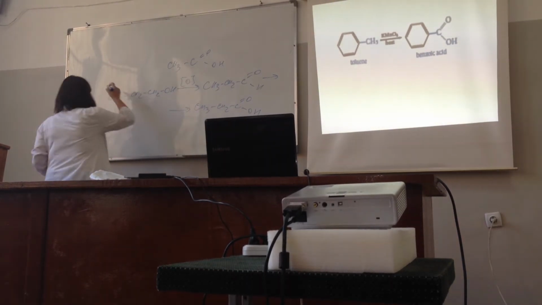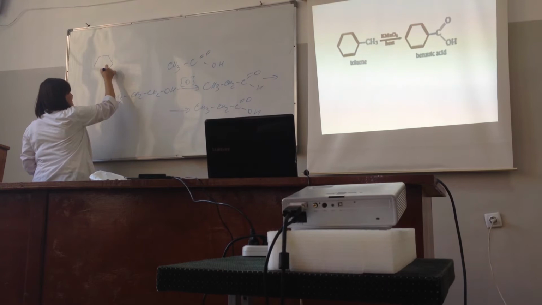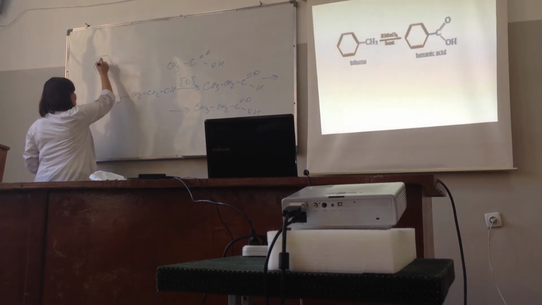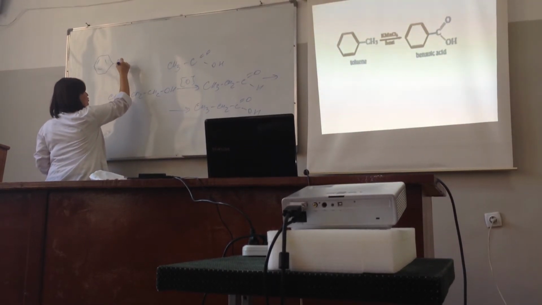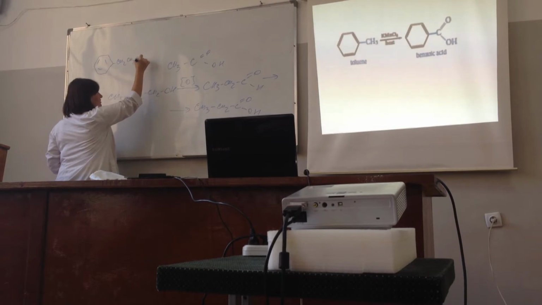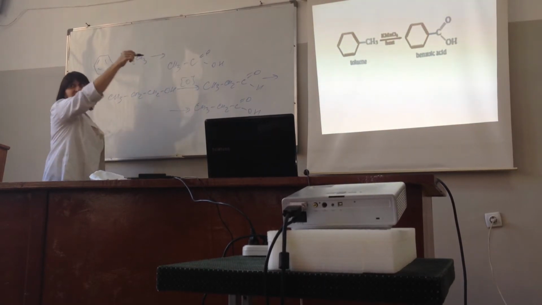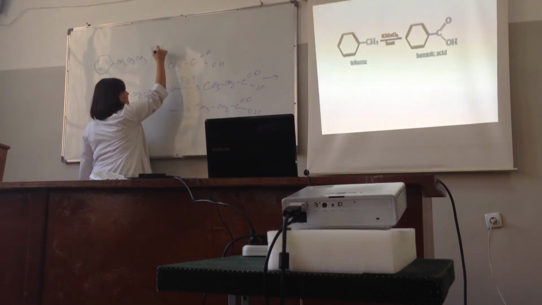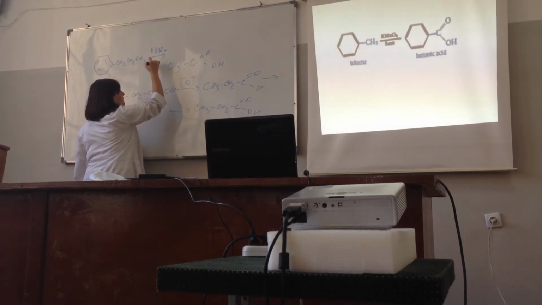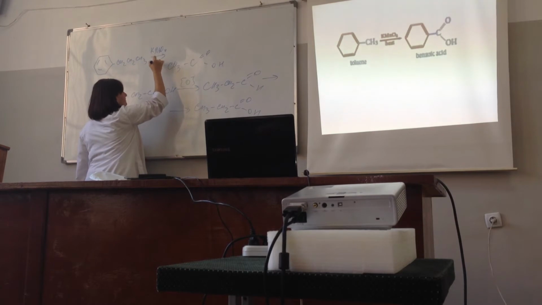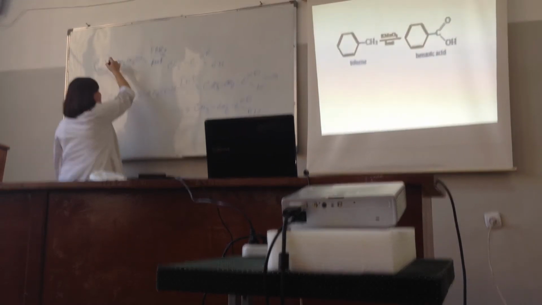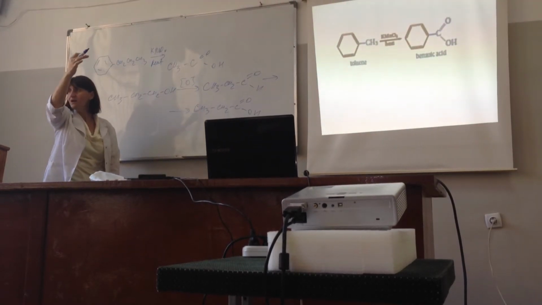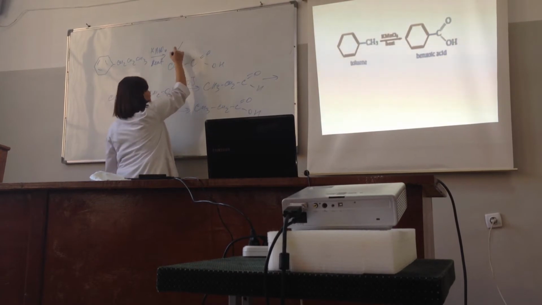For example, if you take something like this, CH2CH2CH3, after oxidation in these conditions with potassium permanganate and heat, once again this part is oxidized and gives benzoic acid, like this.